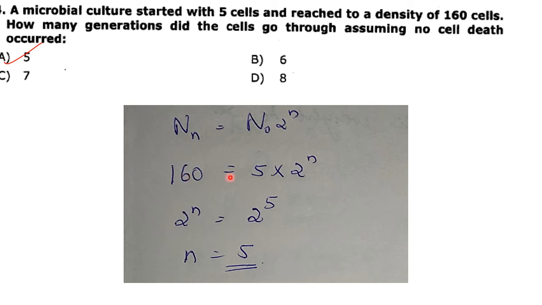So 160 is equal to 5 into 2 raised to n. The small n is the number of generations. So 160 divided by 5 is equal to 32. That can be written as 2 raised to 5. So n is equal to 5. So answer is option A.